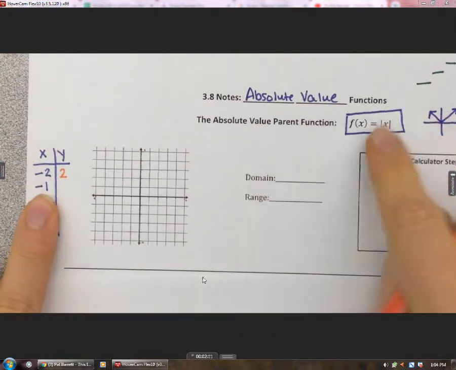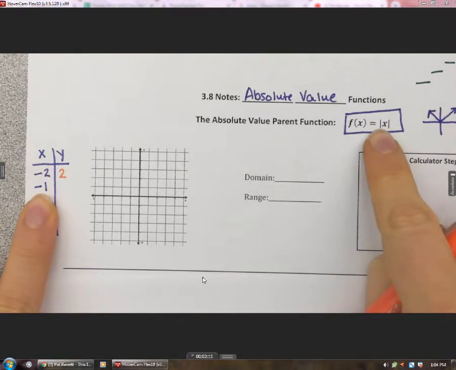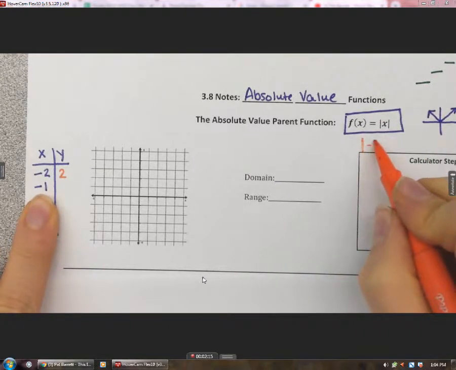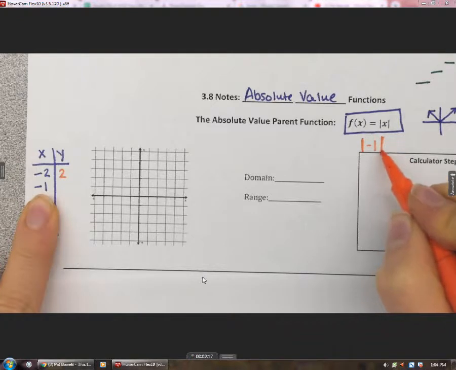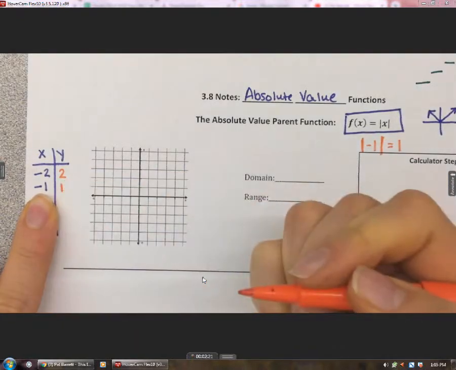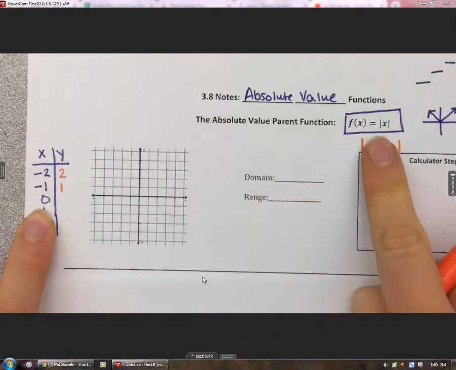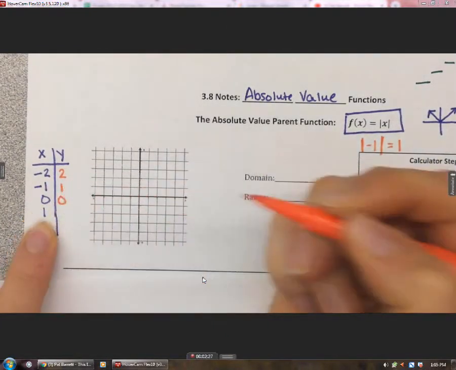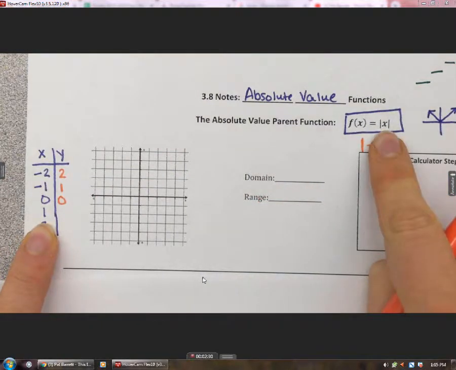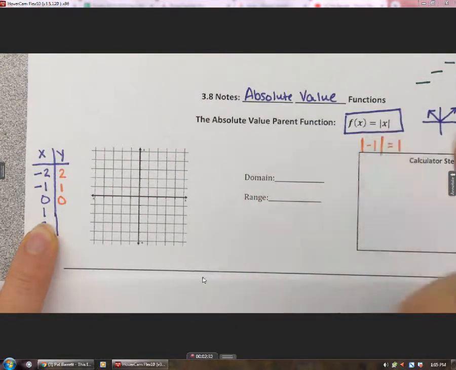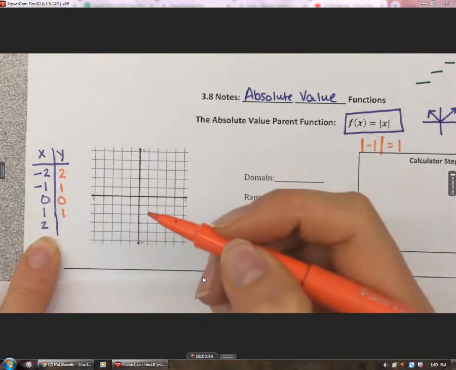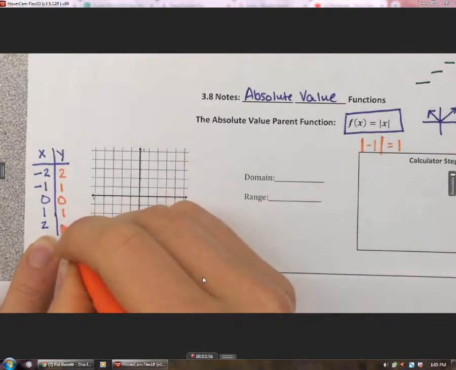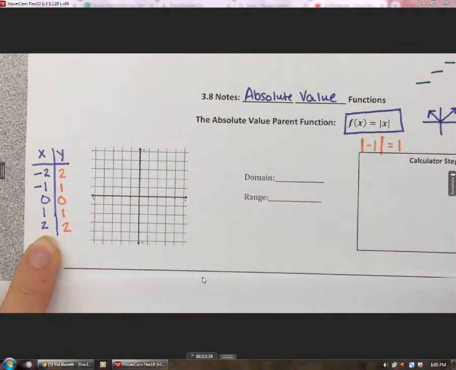Well, if I plugged in -1 to my equation right here, the absolute value of -1, absolute value turns anything positive, so this would be +1. If I plug in 0, absolute value of 0 is just 0. If I plug in 1, it's just 1. If I plug in 2, it's just 2.